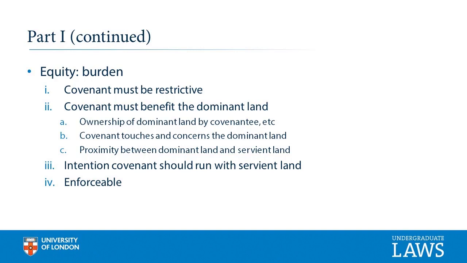The plot sold to R fronted onto and was only accessible from the lane. E granted R a right of way over that lane, and R covenanted with E not to build more than one private dwelling on the plot.